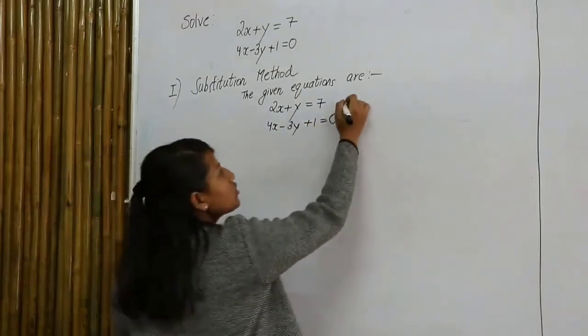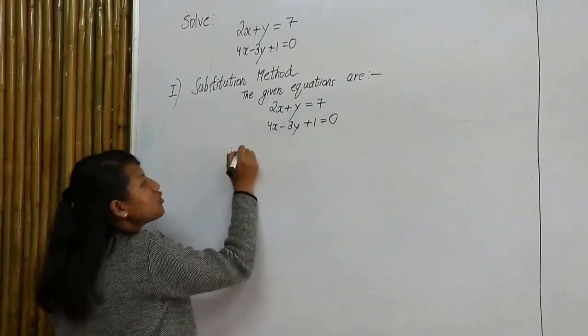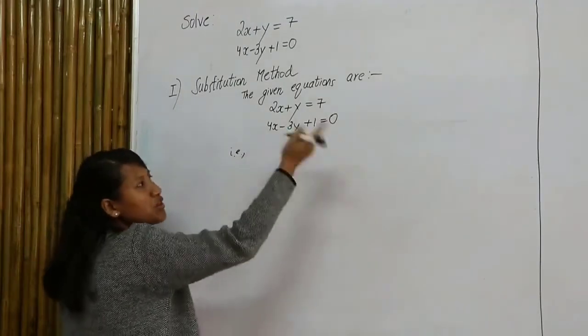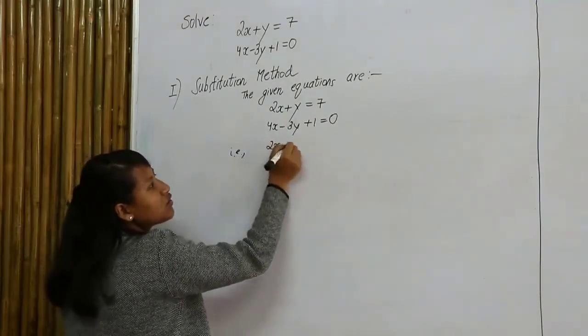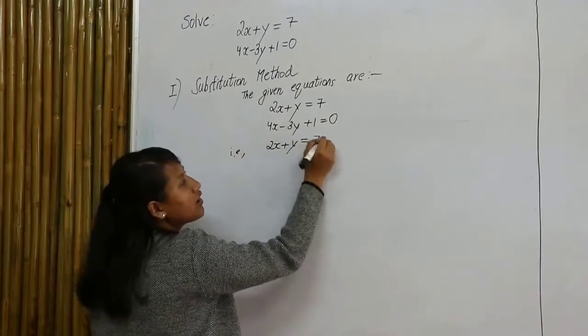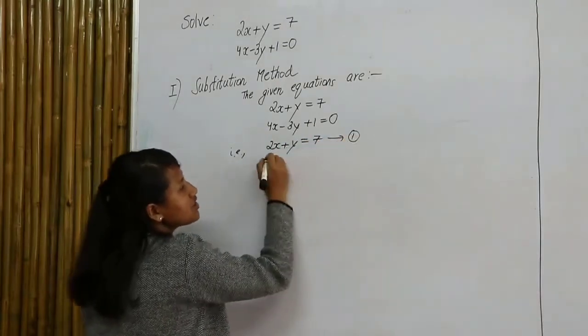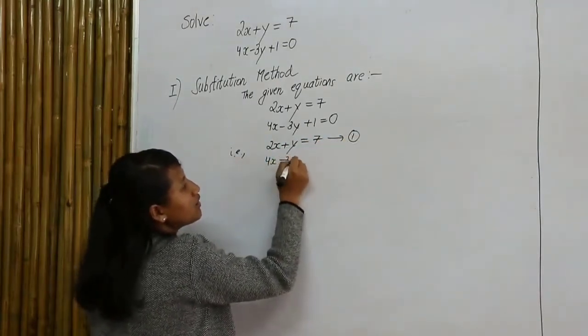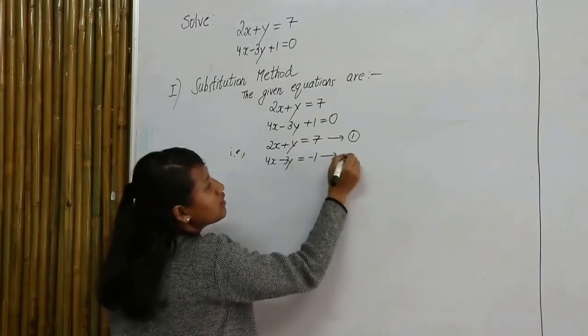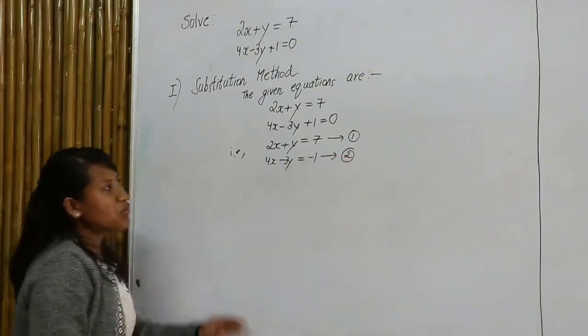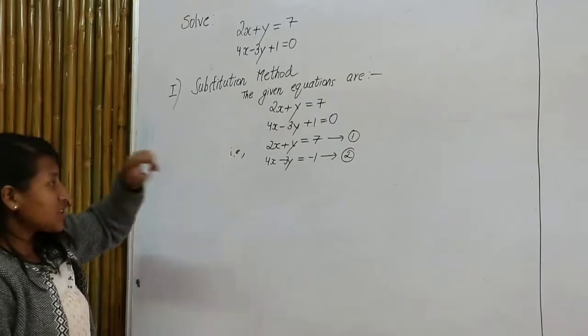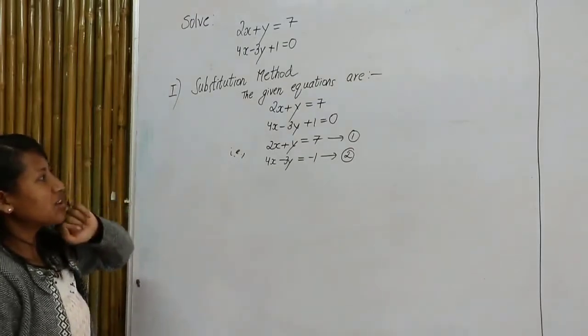Just try to make sure that the numbers are always on the right side. In this method it's not necessary, but for elimination it's important. So this is the first equation and this is the second equation.